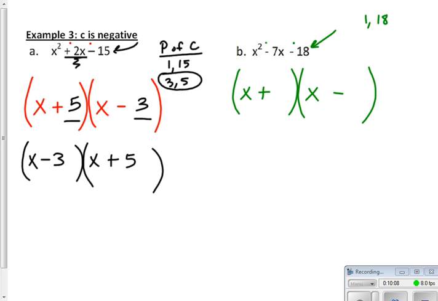We'd have 1 and 18, we'd have 2 and 9, and we could have 3 and 6. Now we need to determine which one is going to give us the sum of b. The sum of b is -7. So out of that group up here, what could I use to get -7? That would be 2 and 9. To get a -7, the 9 has to be negative and the 2 has to be positive.